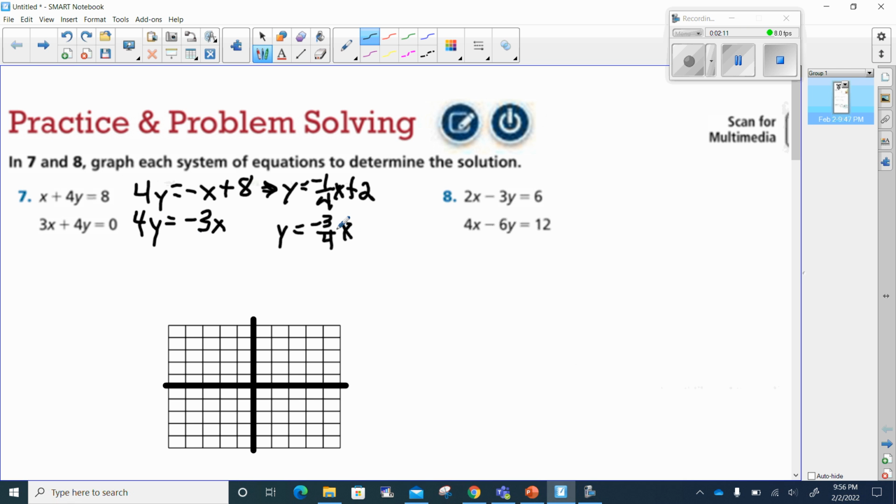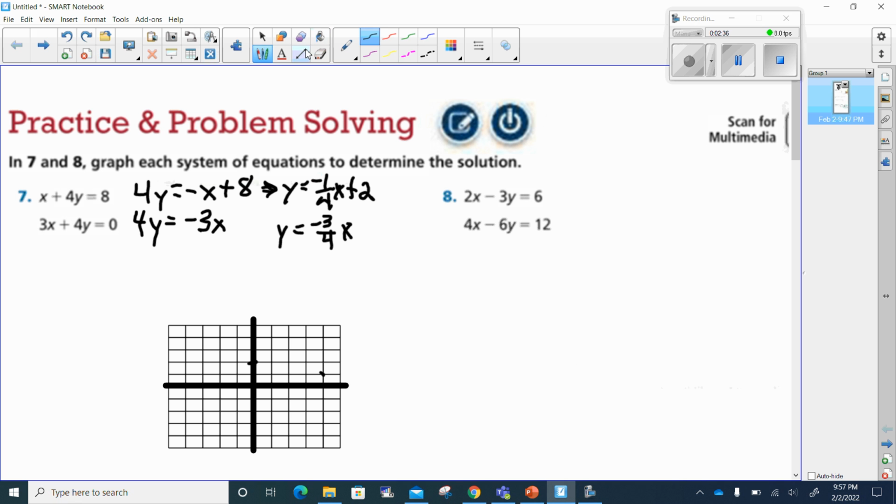We do that because we have to divide by 4 here, so we'll have to divide by 4 on this side. As we can see over here, we got negative 1/4, and it's crossing through 2. So I'll go to 2 here. We know it crosses here, and we know that it's negative 1/4, so that means it goes down 1 and over 4. 1, 2, 3, 4.